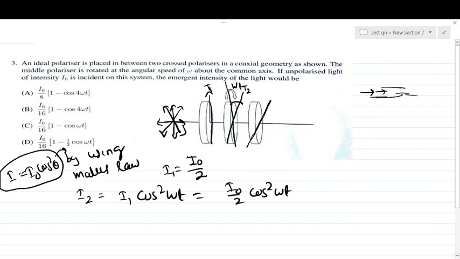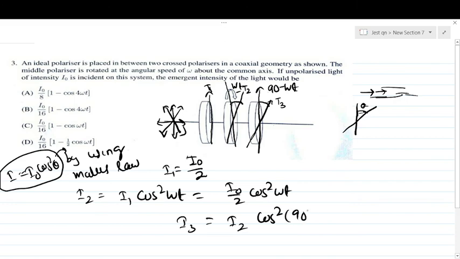So we have to find the angle between the previous transmission axis and the present transmission axis. If this is the present transmission axis, then the previous transmission axis is this one, which is given as omega t, so this angle is 90 minus omega t. So I3 will be I2 cos square of 90 minus omega t, that is I2 sin square omega t.